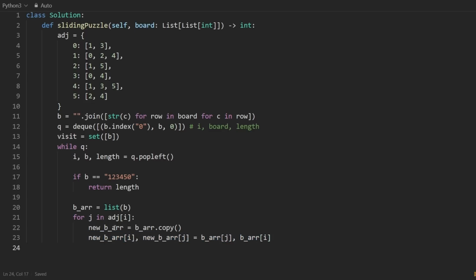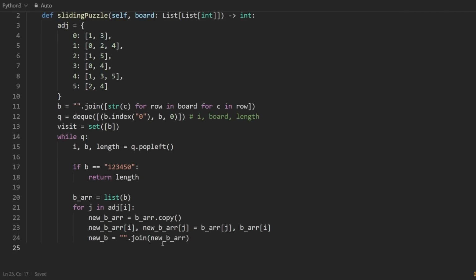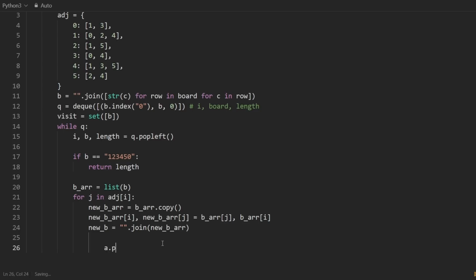Now we want to take this list and convert it back into a string. We can do that with join again, taking everything in the new board array. And then here, what we want to do is q.append the new state, which is j, the position, the new board, and the length, which is going to be the previous length plus 1.